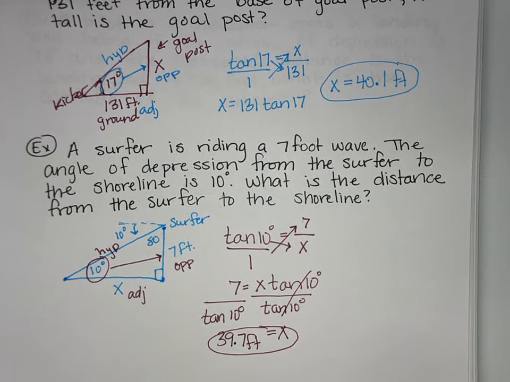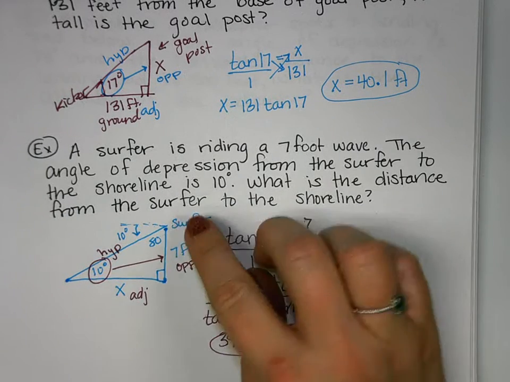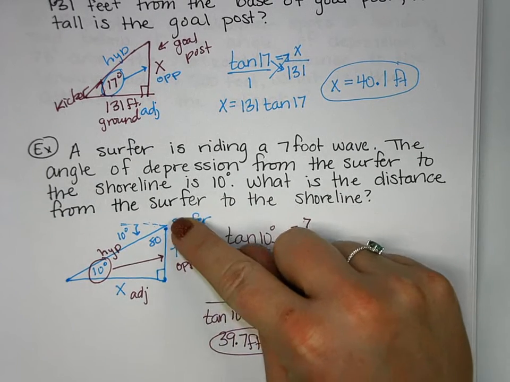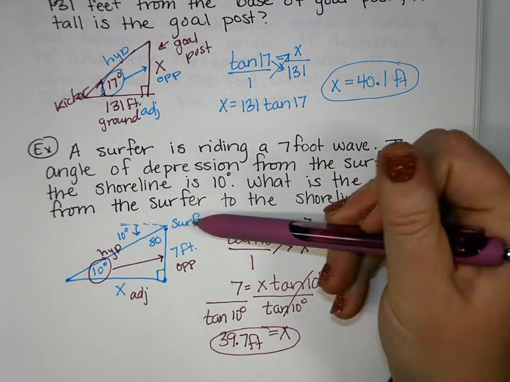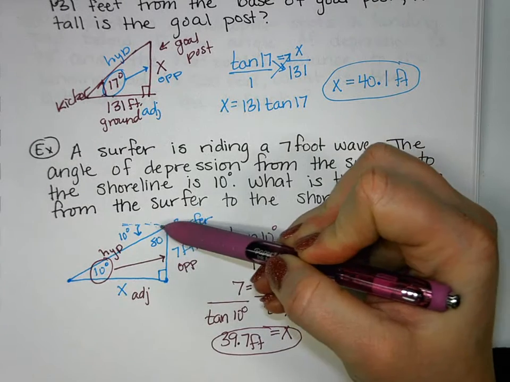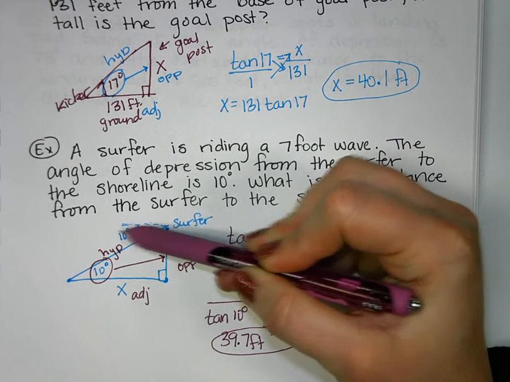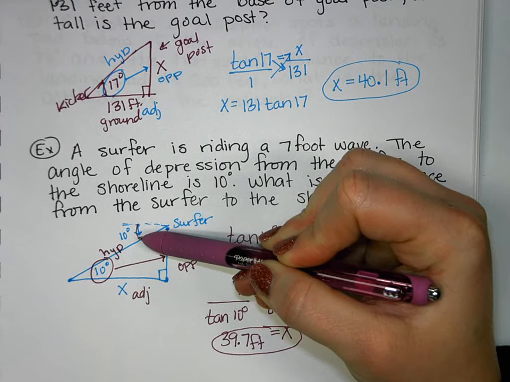Okay, so questions on that one, because that was an angle of depression one. Just like how you set it up, why is the angle outside of the triangle? Okay, so the reason it's outside is that it's all in reference to a horizontal line. So our surfer here, instead of looking straight in front of them, is looking down 10 degrees.